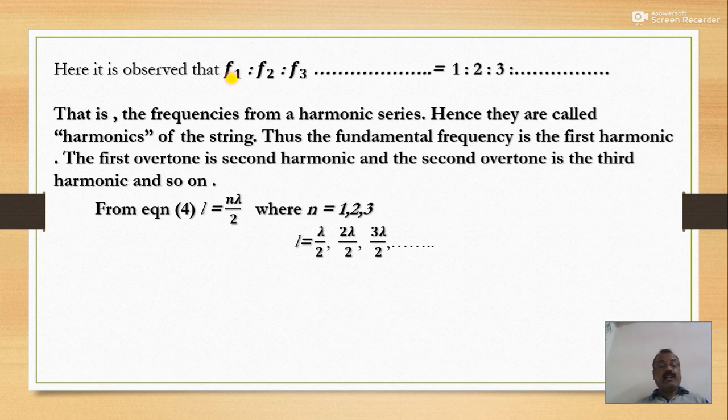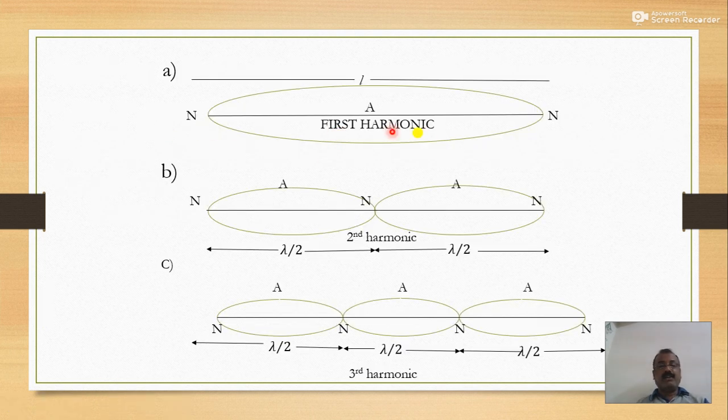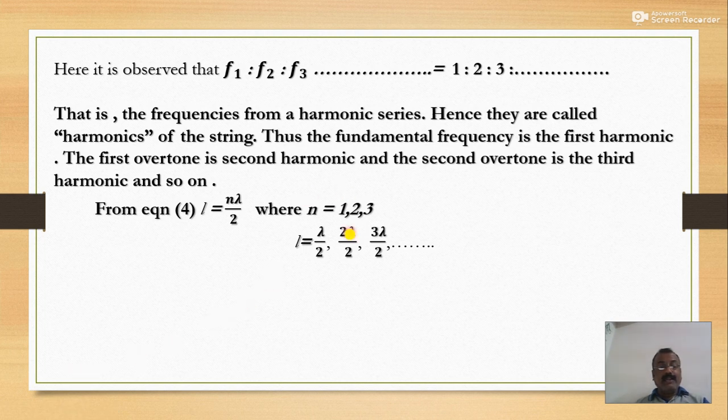The distance between any two consecutive nodes or antinodes is lambda by 2. Therefore, this is the first harmonic, L = lambda/2. Similarly, L = 2 lambda/2 is the second harmonic or first overtone.